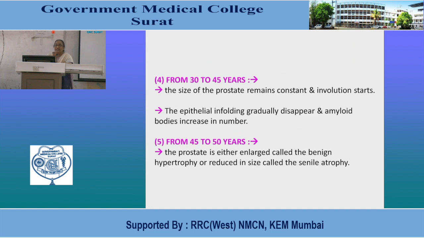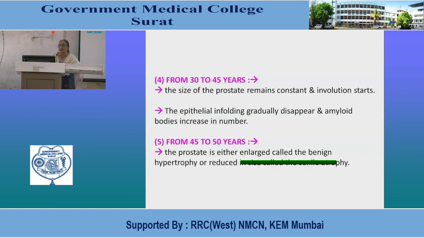Number four, changes between 30 to 45 years of age. The size of the prostate remains constant and involution starts. The epithelial infolding gradually disappears and amyloid bodies increase in number.